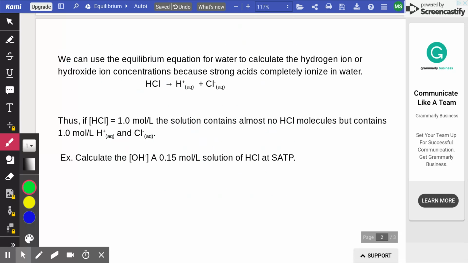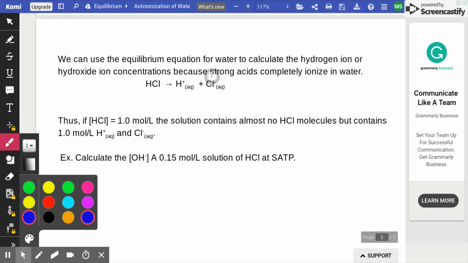So what we can do is use the equilibrium equation for water to calculate the hydrogen ion or hydroxide ion concentrations because strong acids completely ionize in water. So if we look at this example, if hydrochloric acid has a concentration of 1.0 mole per liter, the solution contains almost no hydrochloric acid molecules, but contains 1.0 mole per liter aqueous hydrogen and aqueous chloride ion.